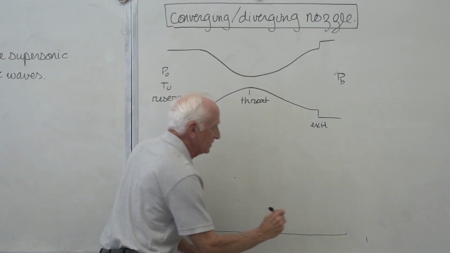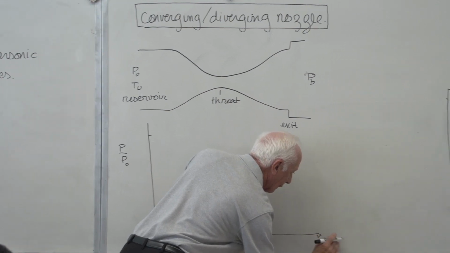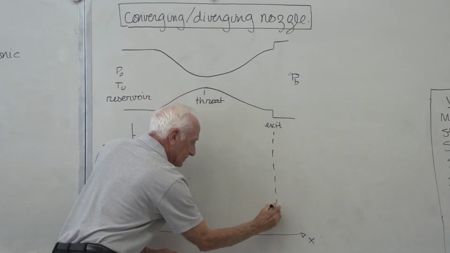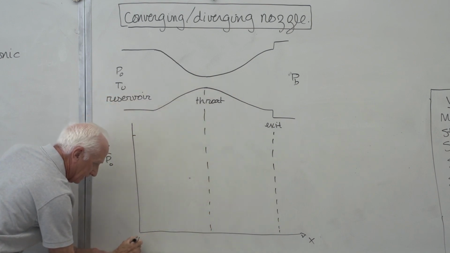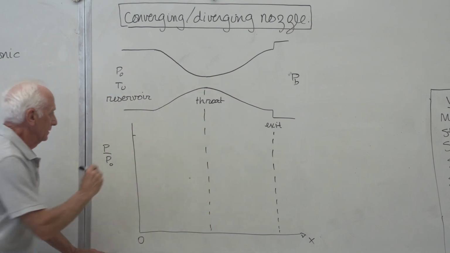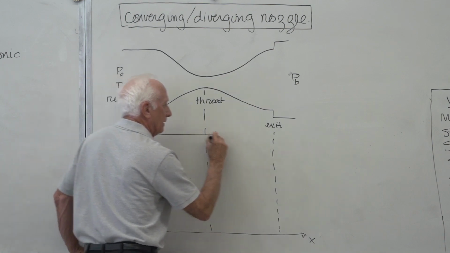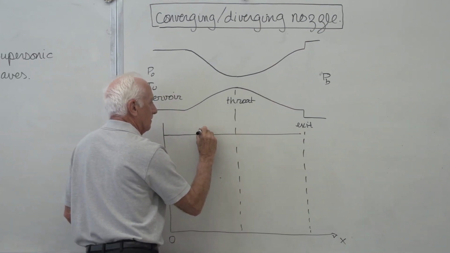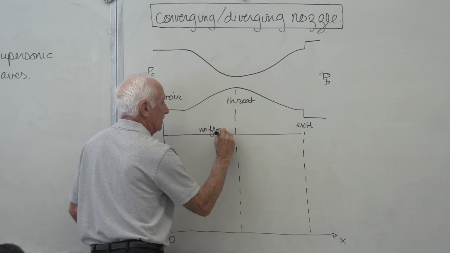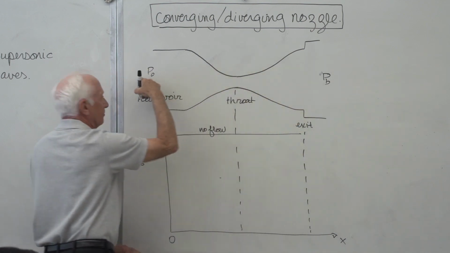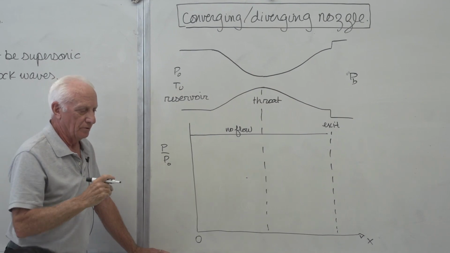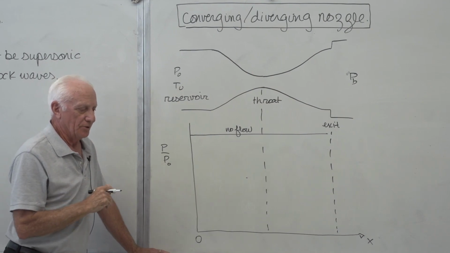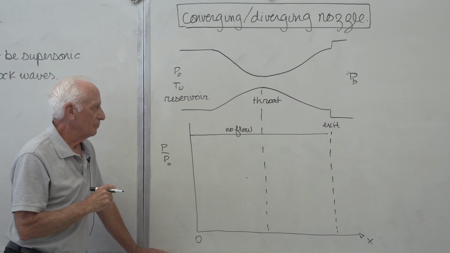And they normally call this the X direction. And they call this the exit plane. And this is the throat. And this is X equals 0. If the back pressure equals the reservoir pressure or vice versa, there's no flow, nothing to cause flow. You need a difference in pressure to cause flow.